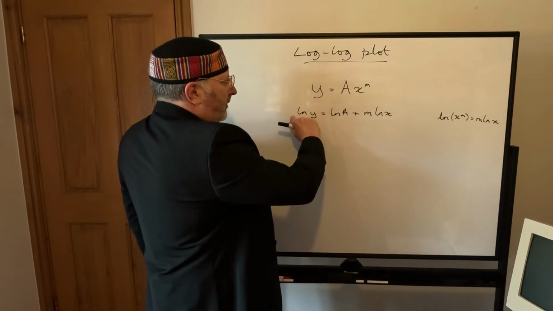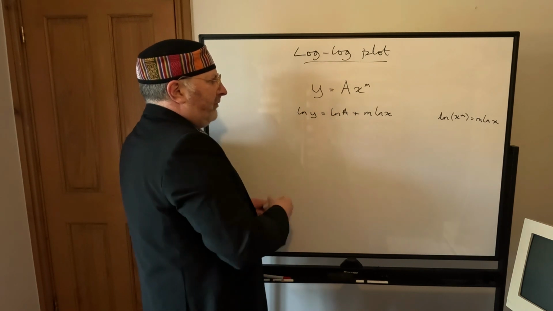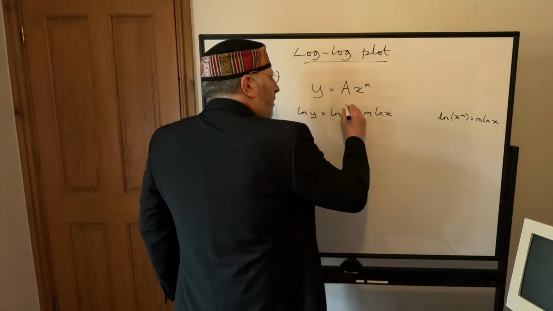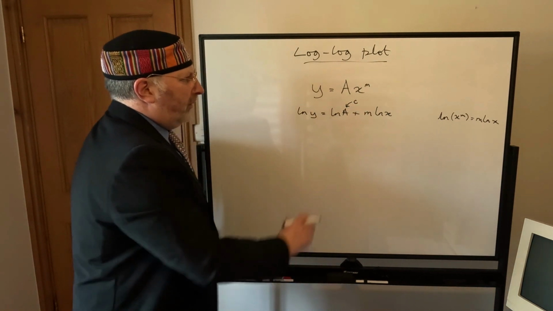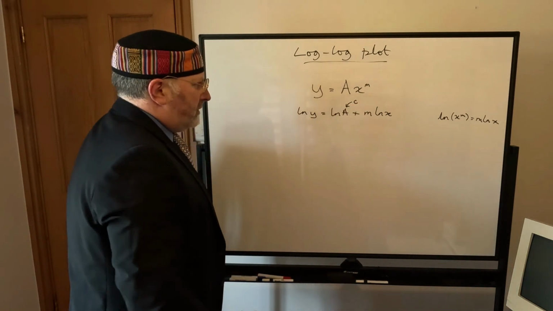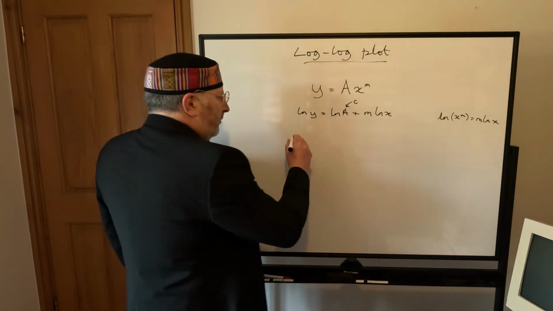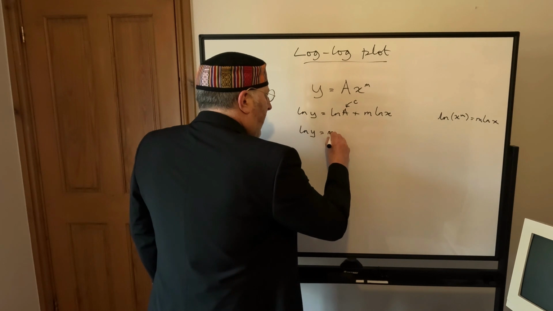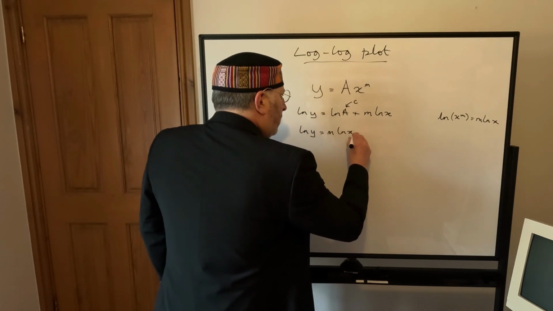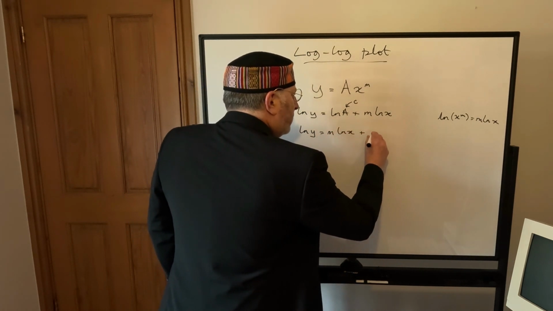So we've now got log y equals log a plus m log x, and we could call that log a another constant. So we'll just rename that as the constant c, and therefore we can write this as log y equals m log x plus c.